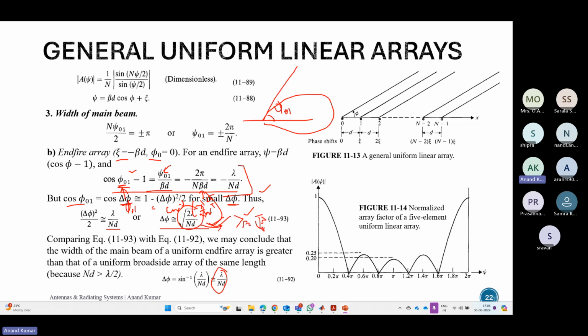lambda by n d, and we know that n d is much greater than lambda.